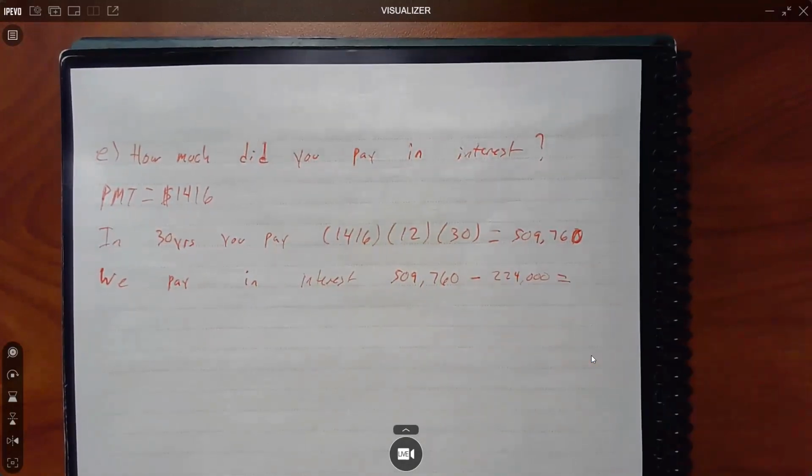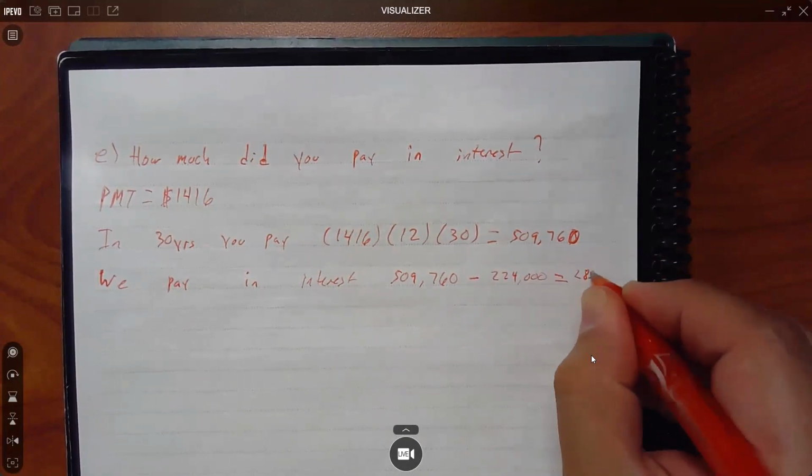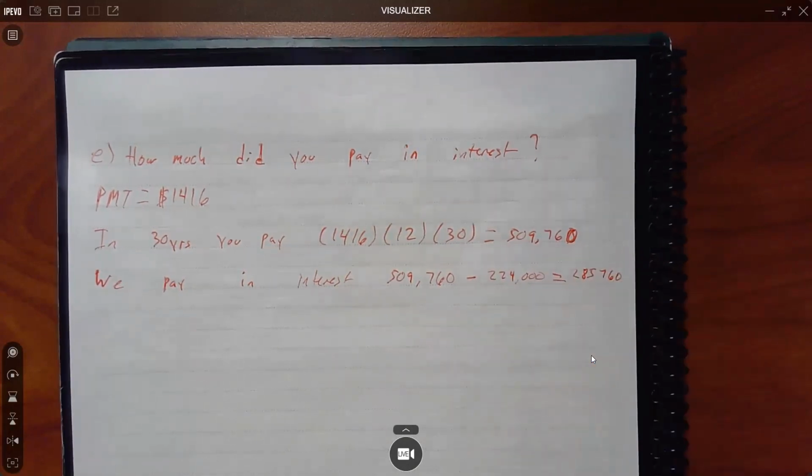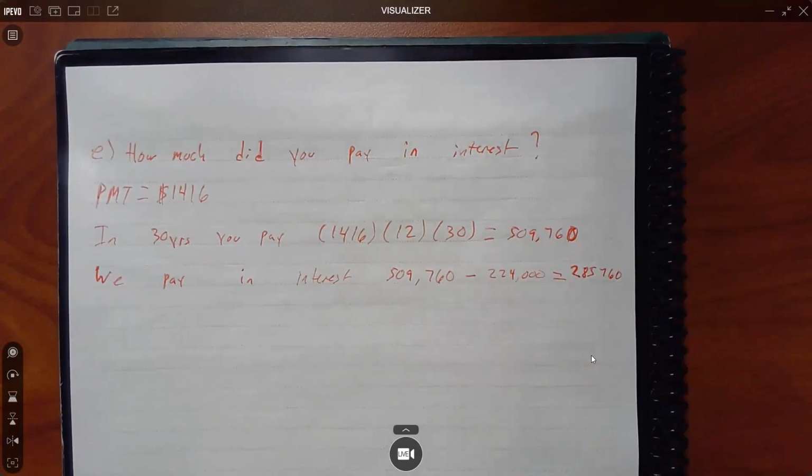So subtract what you actually paid minus what you actually borrowed, and then it'll be pure interest. 285,760.